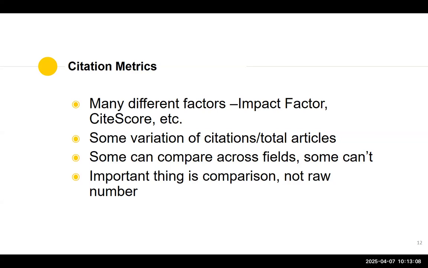If you're looking to publish for residency applications, you may just not care as much about impact factor. The important thing for all these metrics is comparison and not the raw number itself. The raw number isn't really going to mean much when you look at it. It does have a meaning, but when you compare journals, you can really see the difference.